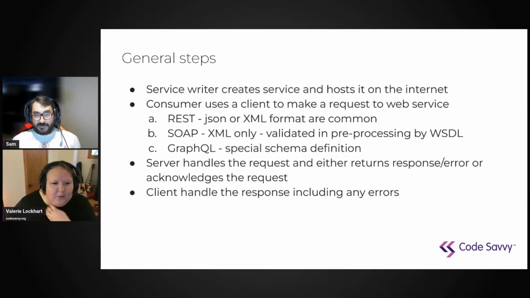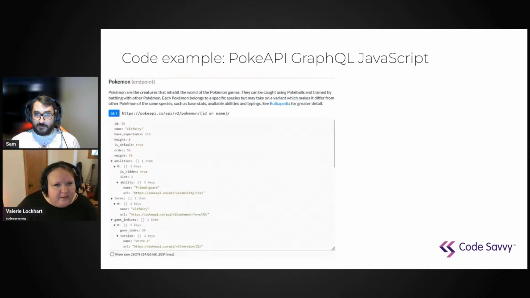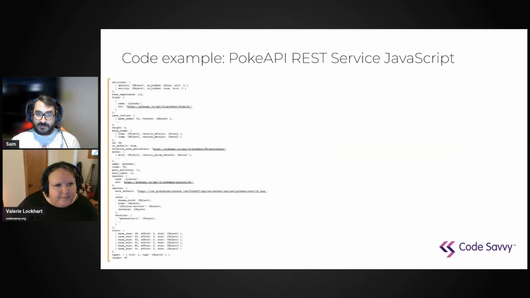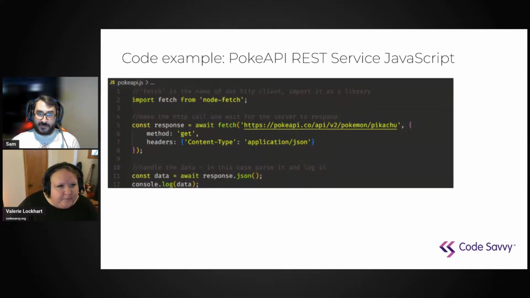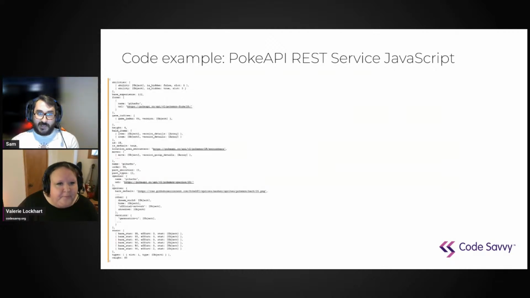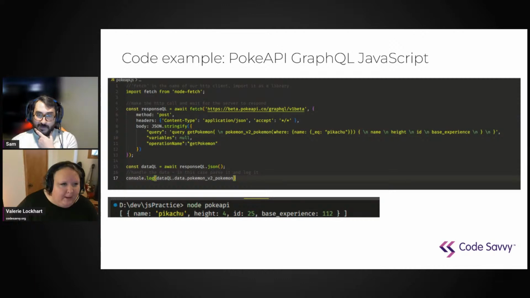Yep, exactly. So I didn't have this in my example because I simply logged the whole response, but the last step is handle the response. So if we look at the example, to get these specific values that I wanted in GraphQL, I'd have to do something like response dot base experience, response dot name, response dot height, or whatever I asked for here.